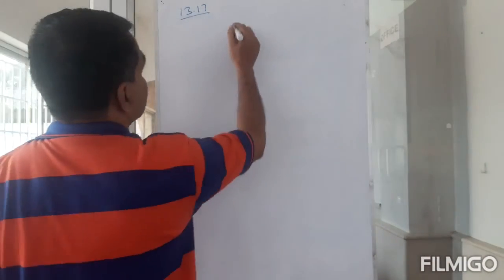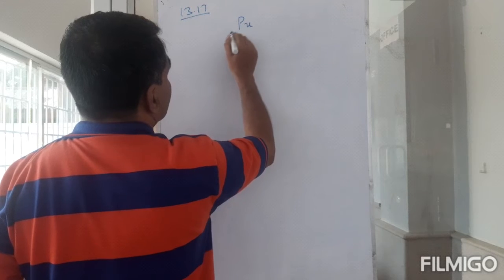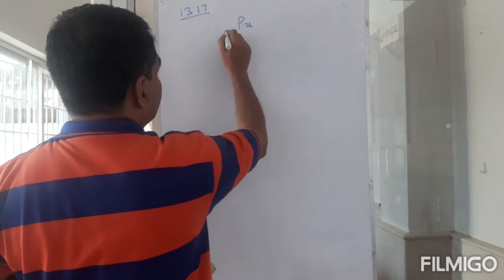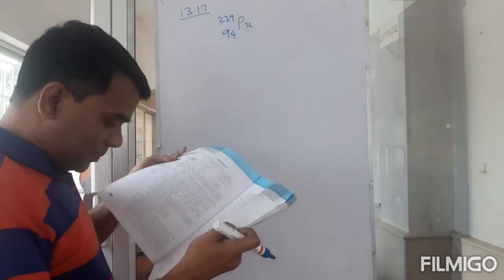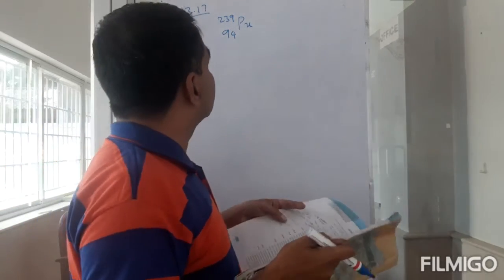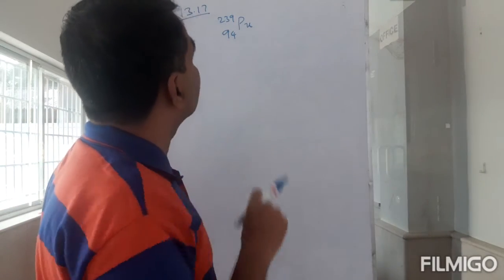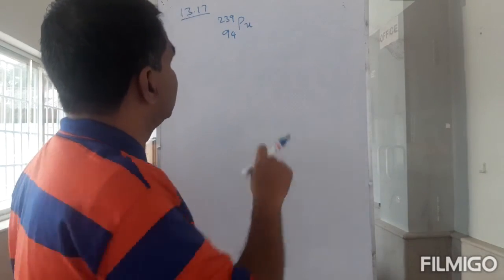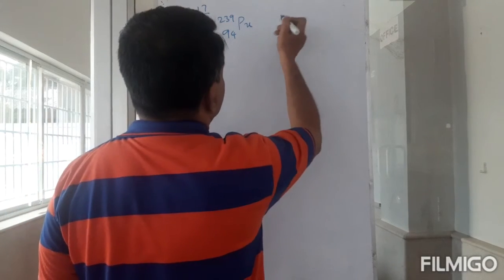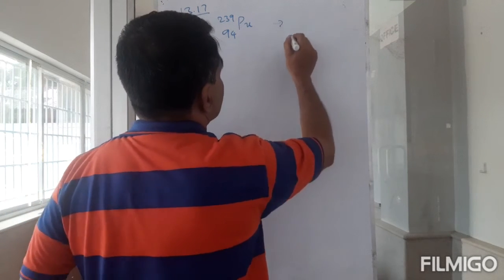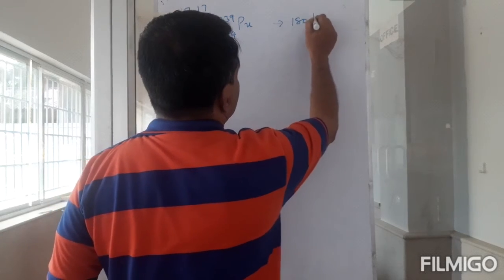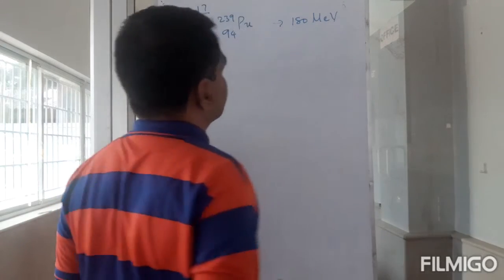So you have plutonium, atomic number 94, mass number 239. When it undergoes this nuclear fission, it gives you 180 megaelectron volt of energy.